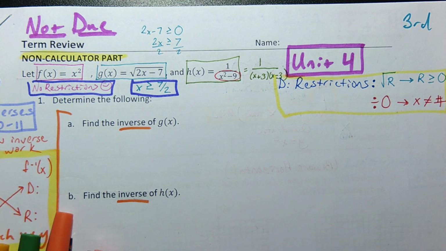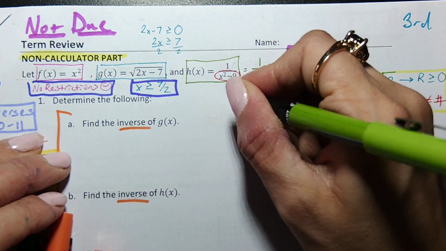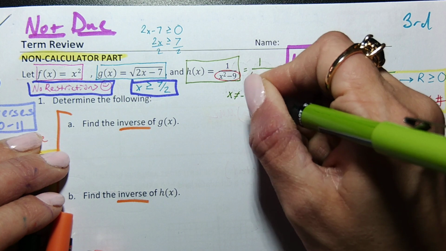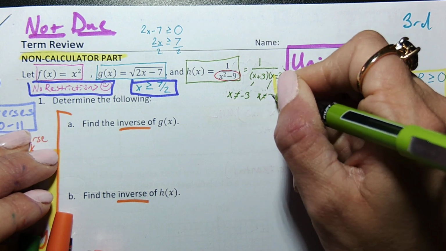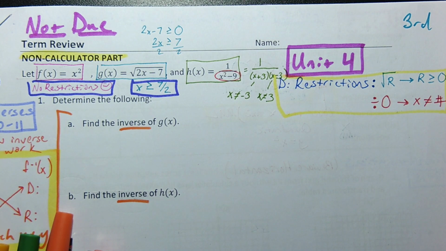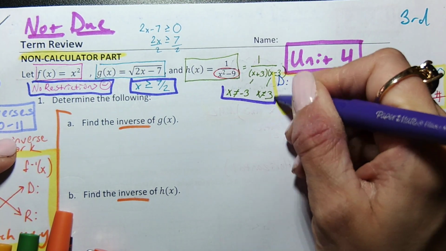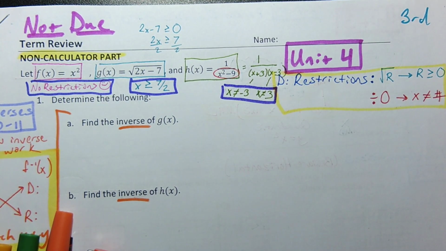So we have 2 restrictions. x can't be equal to negative 3, and x can't be equal to 3. Because both of those values would make it dividing by 0. Questions?